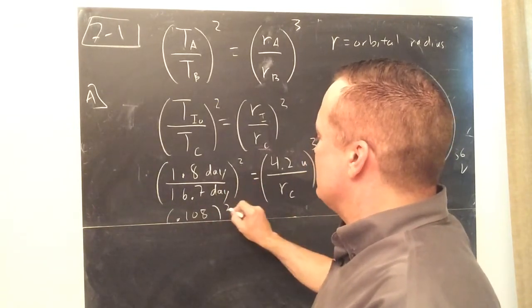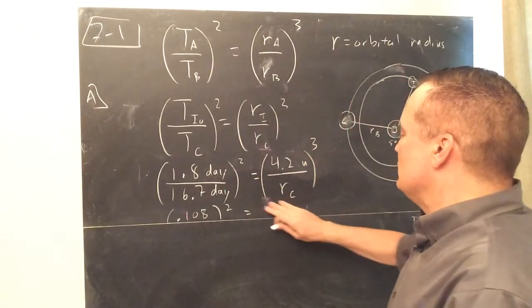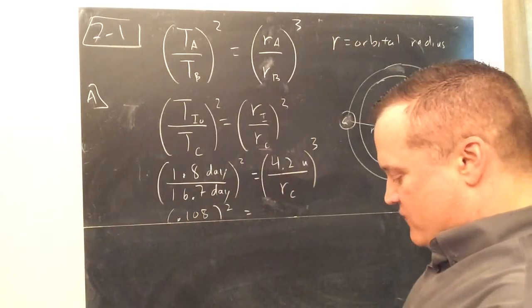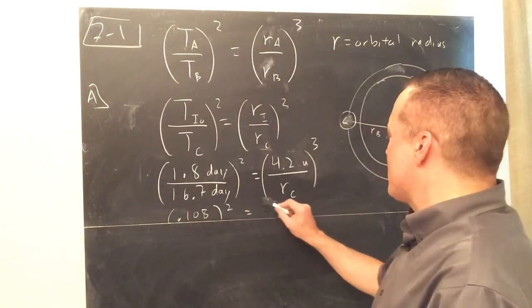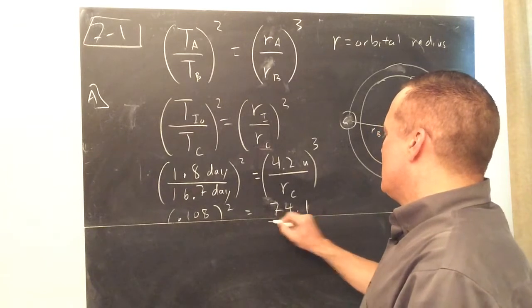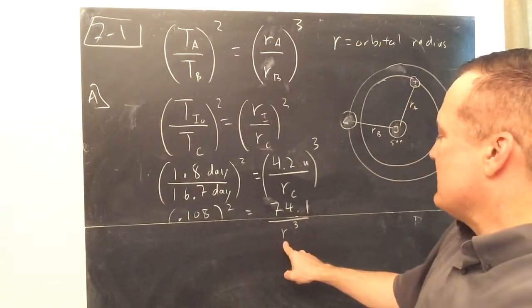You have to square that number, which will equal 4.2 cubed over R cubed. So 4.2 times 4.2 times 4.2 is 74.1 over R cubed.